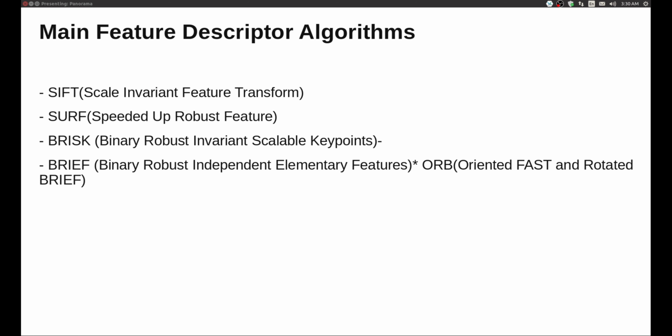Now, these are the main feature descriptors used in the world of computer vision: SIFT, SURF, BRISK, and BRIEF. Each of them is founded on a very robust mathematical foundation. Definitely in this video, I'm not going into the details of each one of them, but at least a top level understanding of them is necessary. Methods like SIFT, scale invariant feature transform, or SURF, that is speeded up robust features, try to address the limitations of corner detection algorithms.